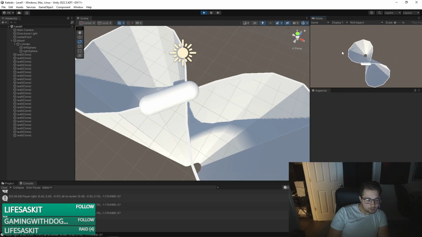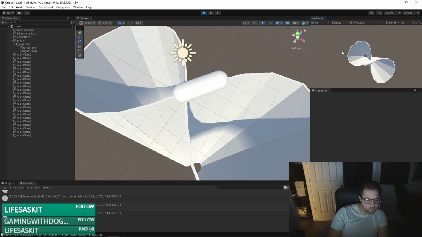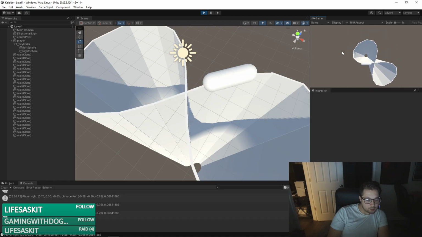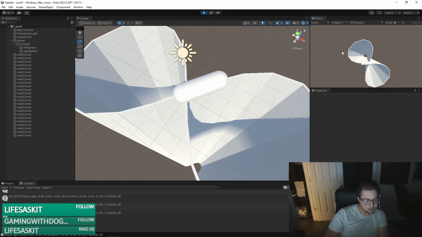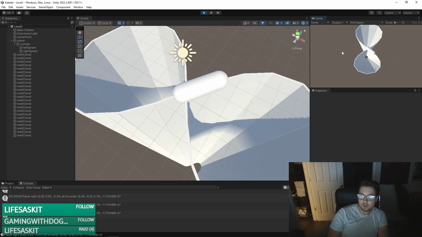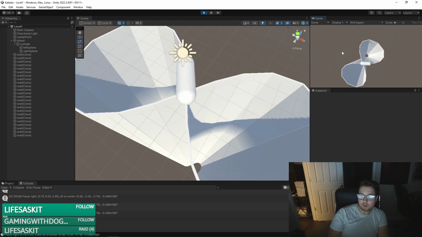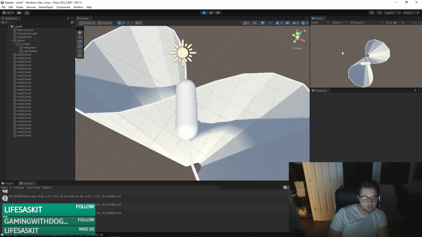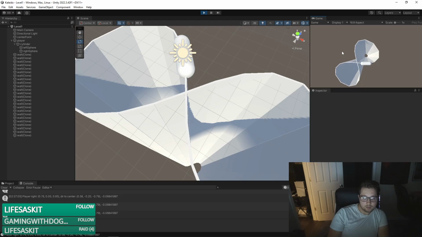So you can see the only thing that changes there in the direction to center is the x coordinate. And then the player right, hold up. What?